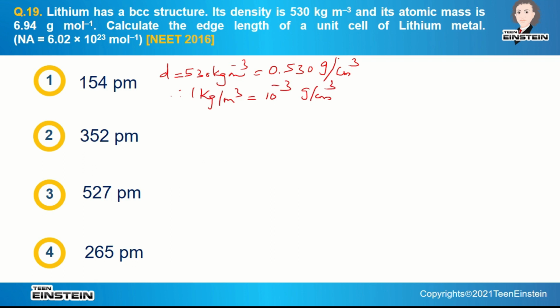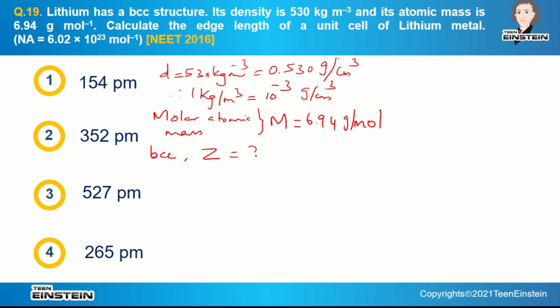So here the molar atomic mass M is equal to 6.94 gram per mole. So for a BCC unit cell, the number of atoms per unit cell is 2.